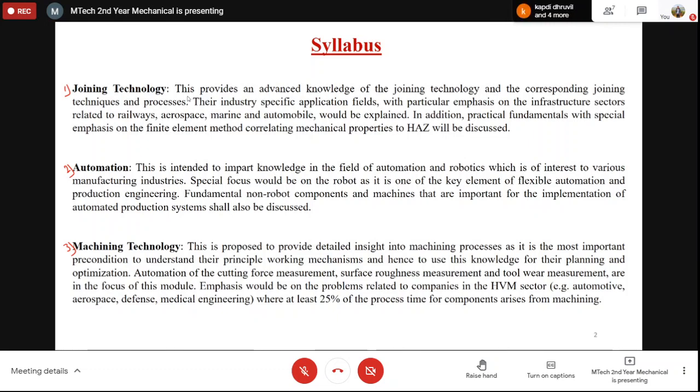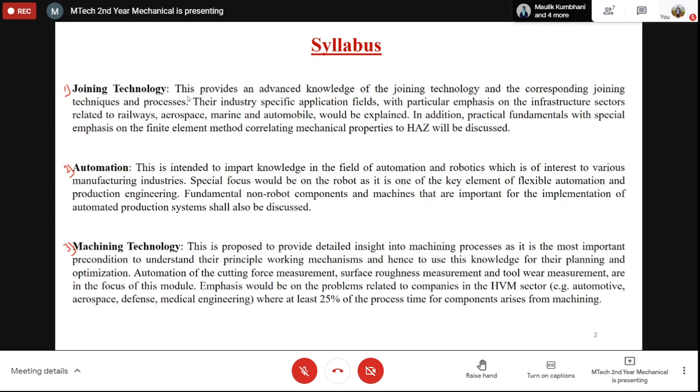So these things will be covered in the automation part, and the last part, which is very interesting, is machining technology. In this part, we'll provide insight into the details of the machining processes and the various working mechanisms in them. How various types of materials are machined, how to measure the cutting forces, and what the relation is between cutting force and surface roughness.